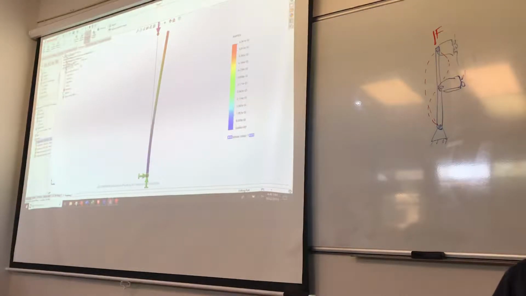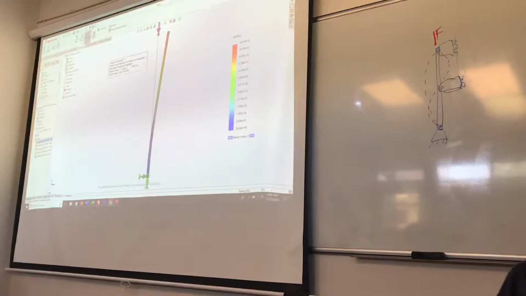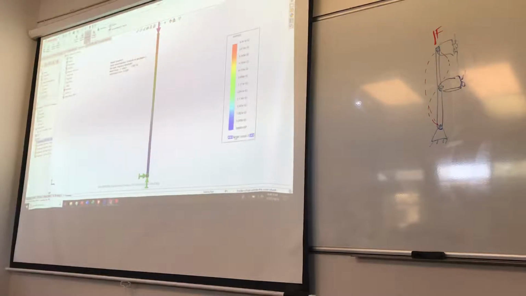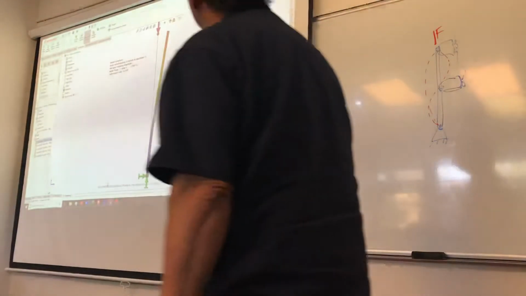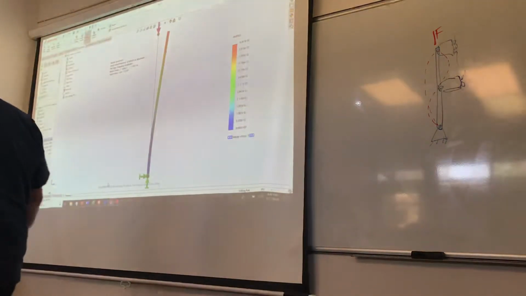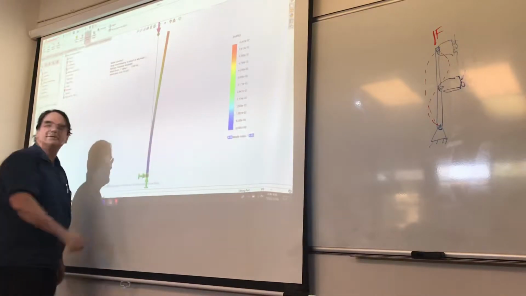And what I get is, just 1 pound, yeah. And I get this result that says it's going to oscillate at 1.75 hertz.